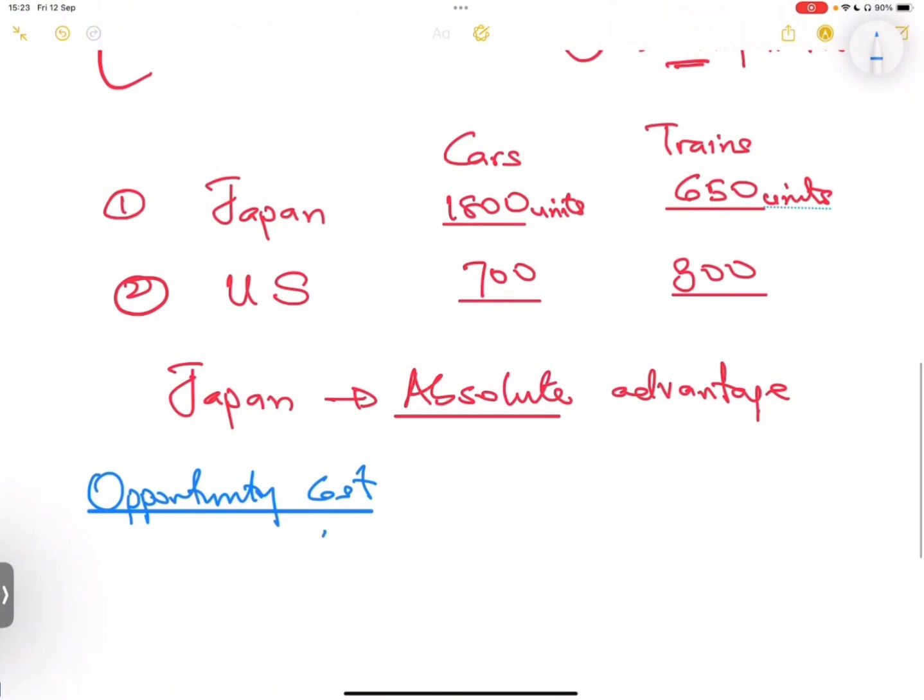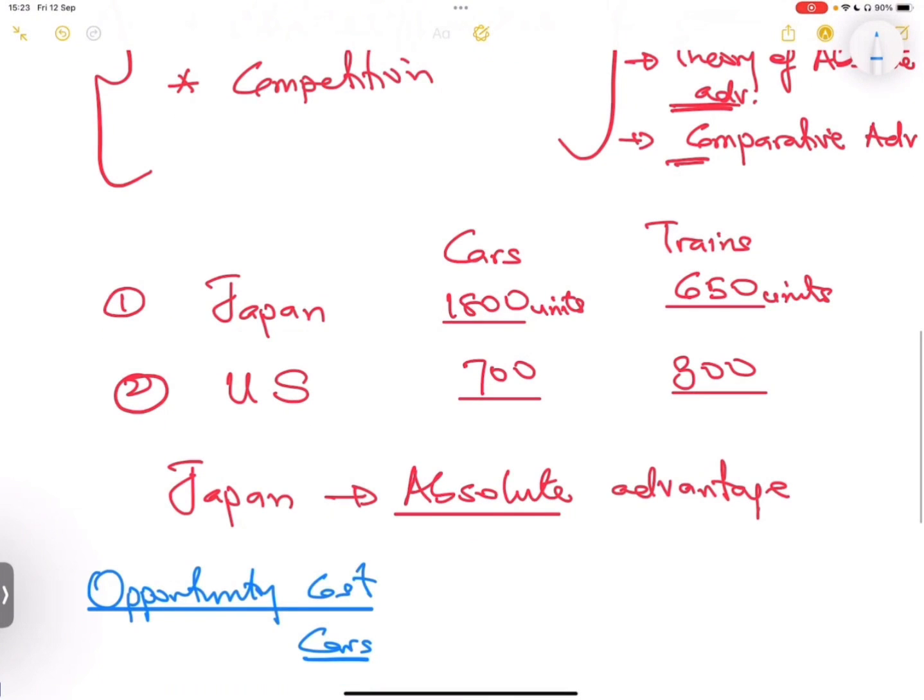Let's look at cars first of all. What we are talking about when we're talking about comparative advantage is just asking ourselves that if Japan decides to focus on cars alone instead of producing both cars and trains, and US decides to focus on trains alone, would they be better off in their individual situations?